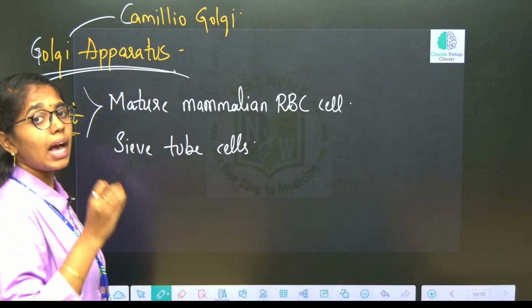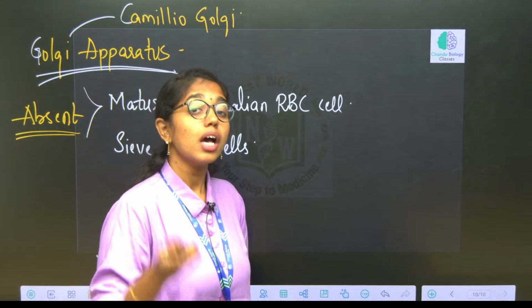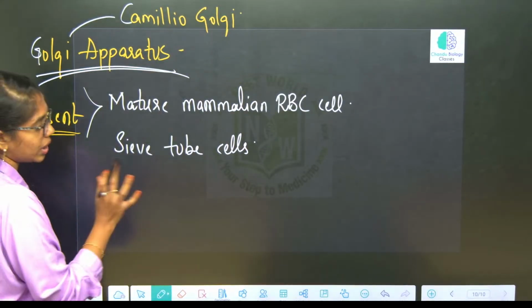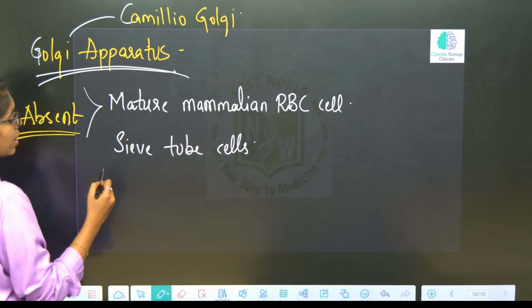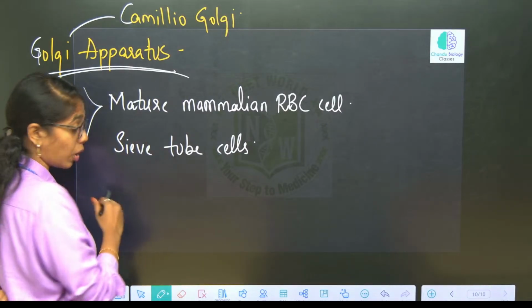Those are nothing but antherozoids of bryophytes and pteridophytes, because their mode of transport is what? Water. Mucilaginous sheathing is not required for them. That is the reason Golgi bodies are absent in antherozoids of bryophytes and pteridophytes.